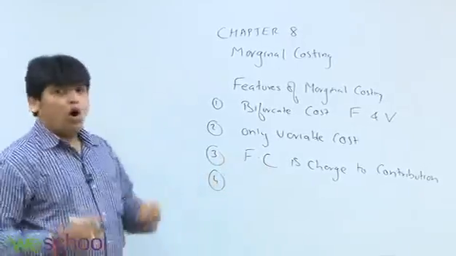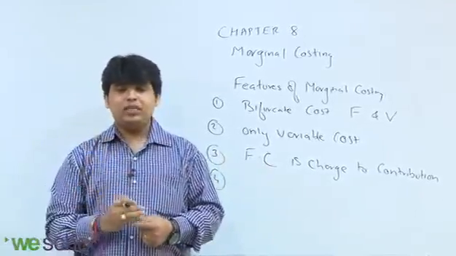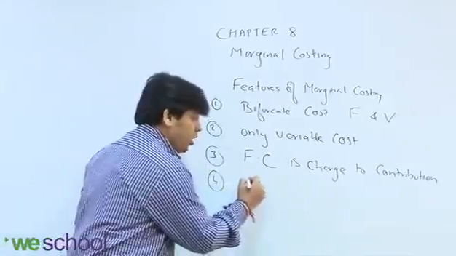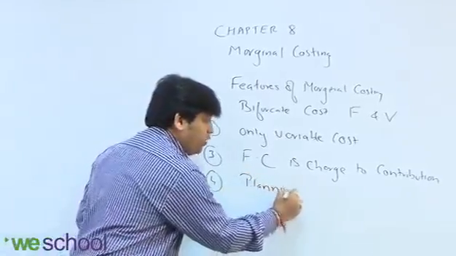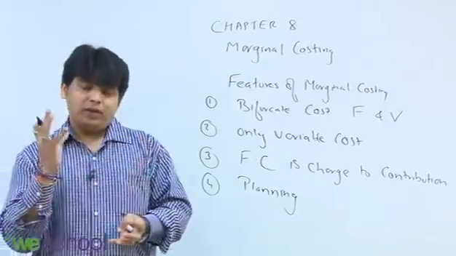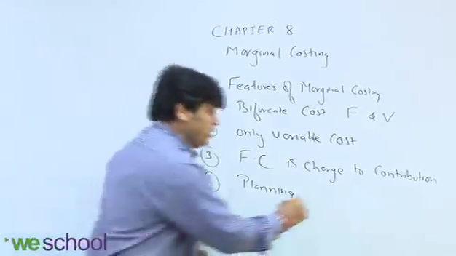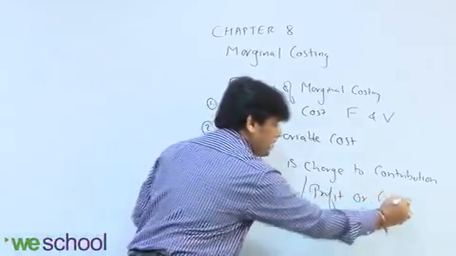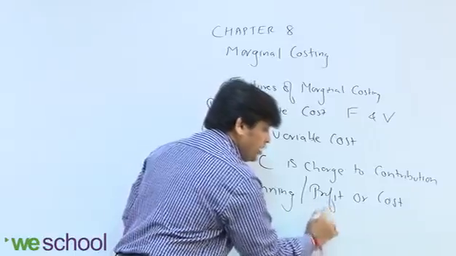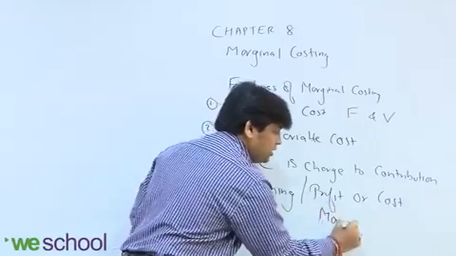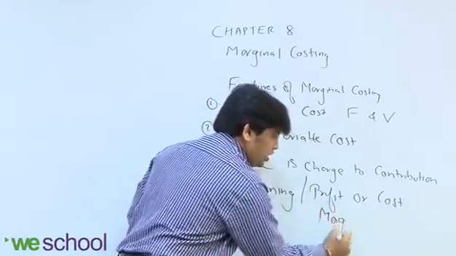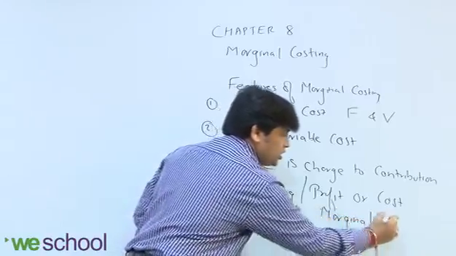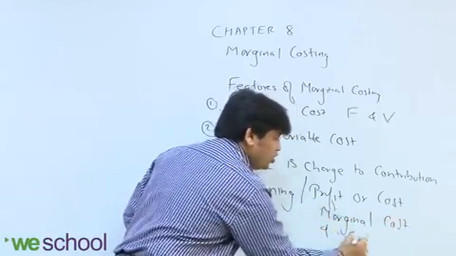Fourth, all the decision making, all the price calculation is based on marginal cost, all the planning of profit, all the planning of cost, and the calculation of price is based on marginal cost. Marginal cost means variable cost. Marginal cost and contribution.